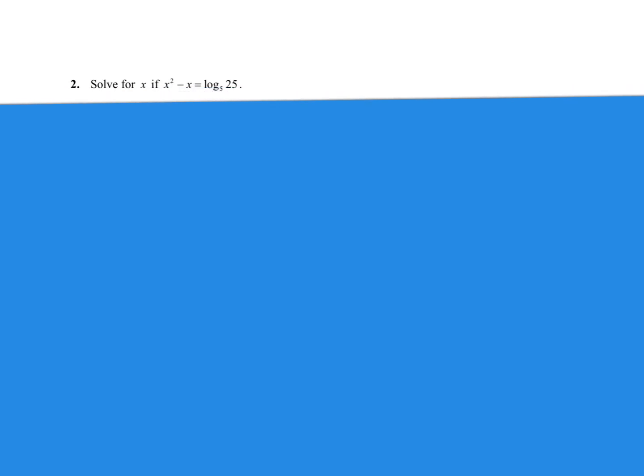Well, log in base 5 of 25 is a number c, which is 5 raised to the c. The base raised to the c is the number 5 squared. So from this equation, I can see that c is equal to 2.